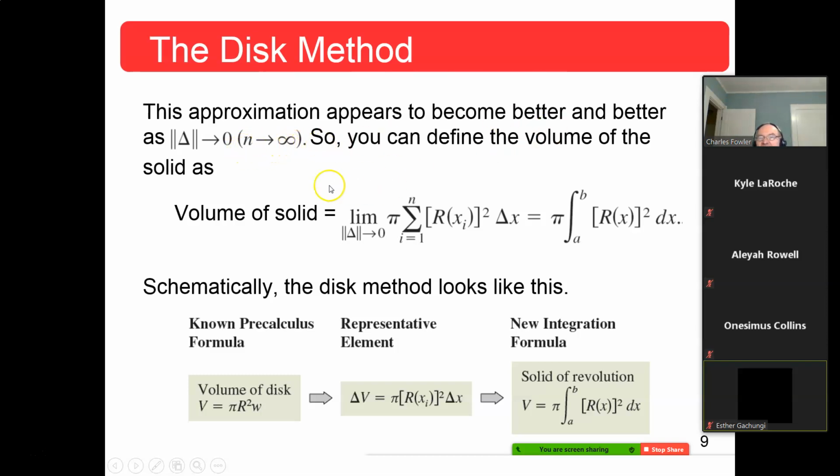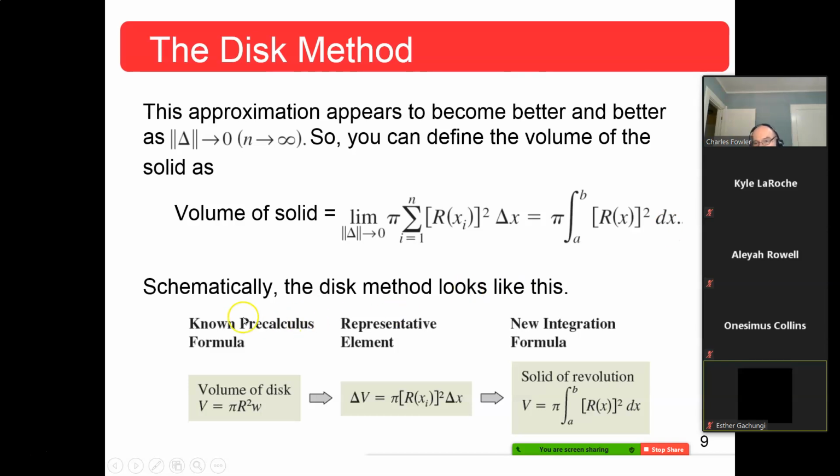So you can define the volume of the solid as the limit as that norm goes to 0 of pi, on the outside now, times the summation from i equal to 1 to n of r of x sub i squared delta x, and just make that pi times the integral from a to b, the beginning endpoint to the ending endpoint, of your r of x, whatever that function value was, squared dx.